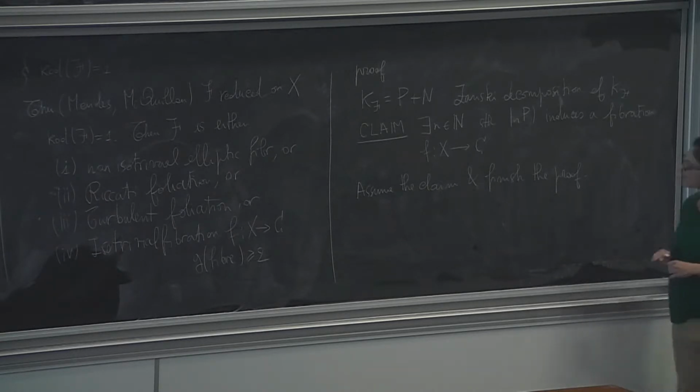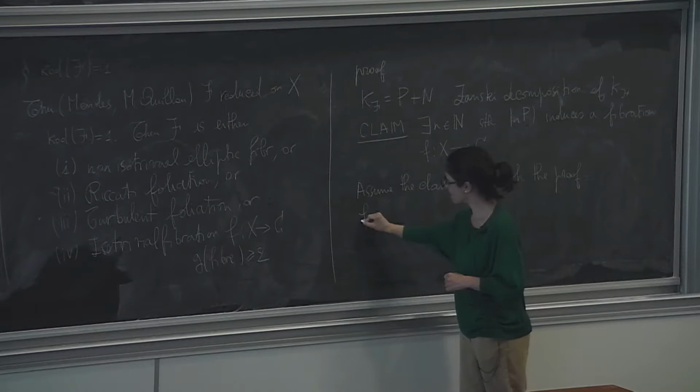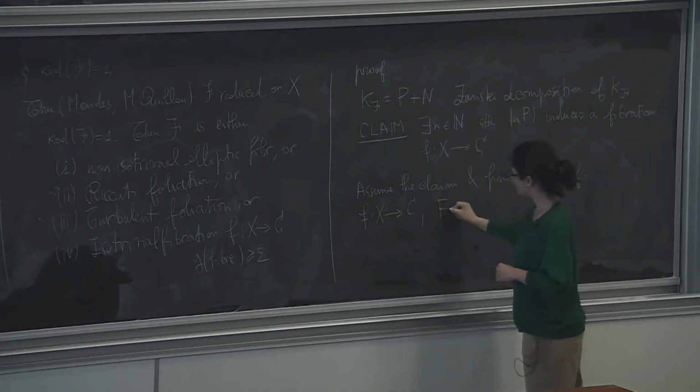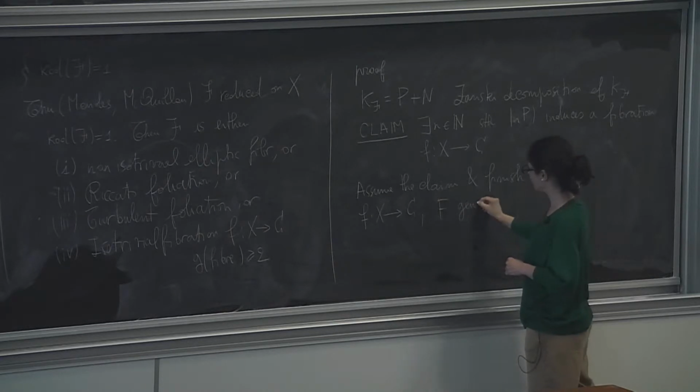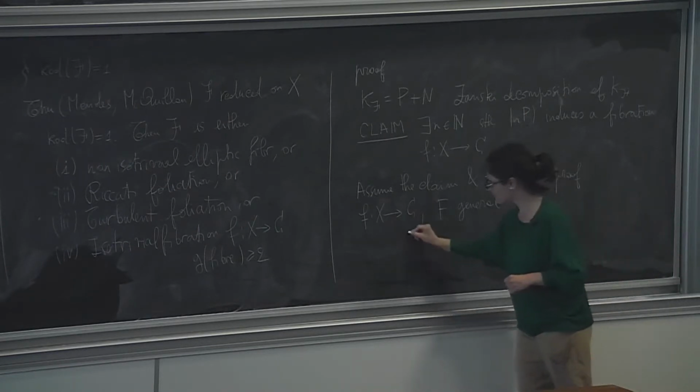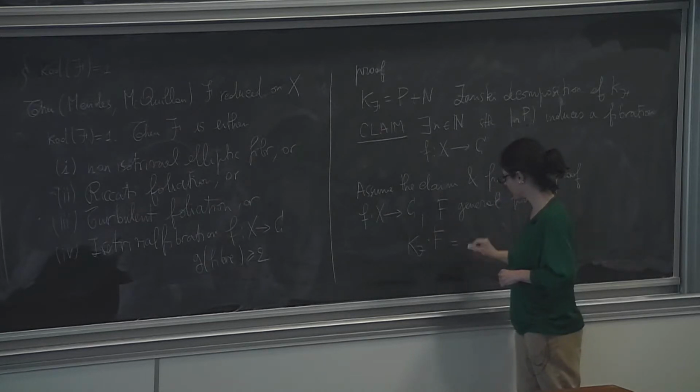So, assuming the claim, we have our F, and F, capital F, a general fiber. Then let's look at the intersection of the canonical of F with the fiber.